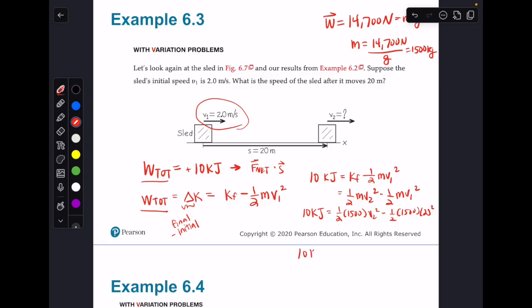Should have done this on another page. Oh well. So let's add 1/2 times 1,500 times 2 squared. Okay, then we're going to multiply by 2, divide by 1,500.